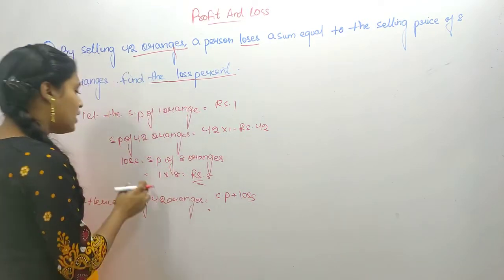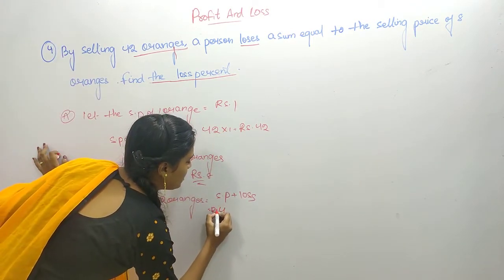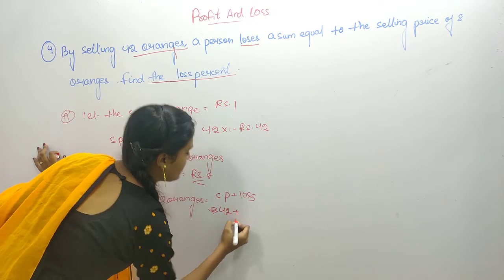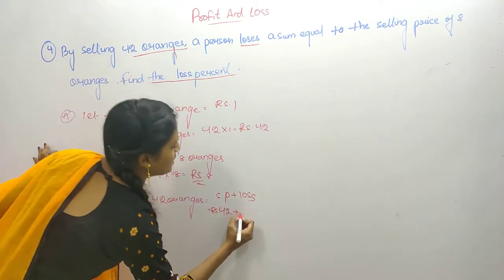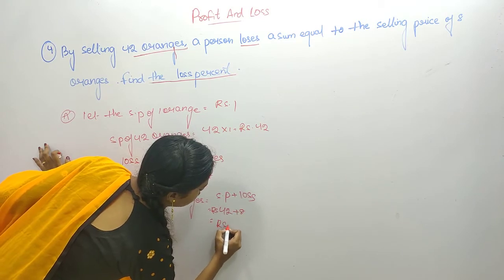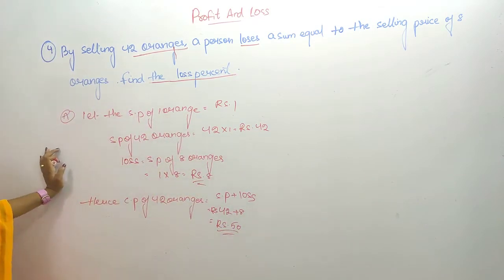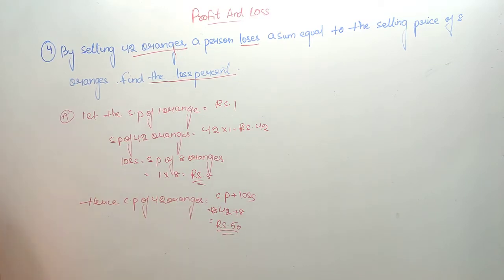SP, how much did we get? SP is equal to rupees 42. Rupees 42 plus loss, how much did we get? 8. By adding these both, what answer do we get? Rupees 50. Okay, cost price of 42 oranges we found out.